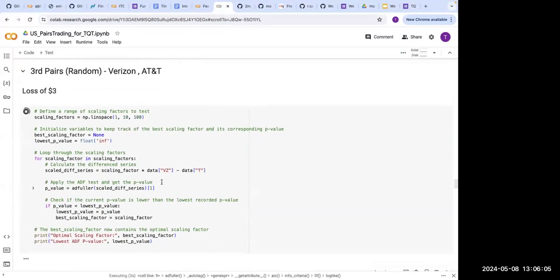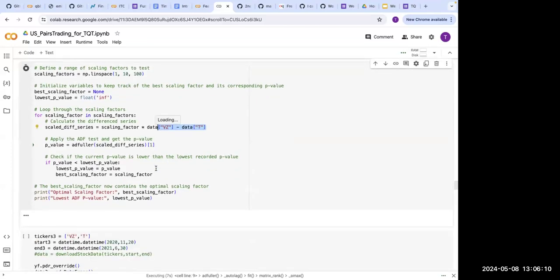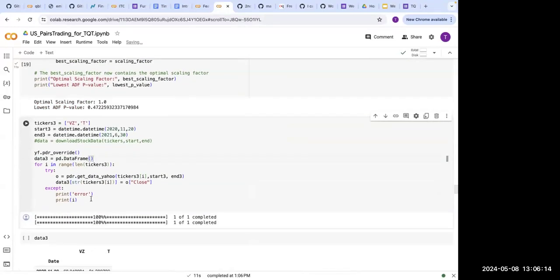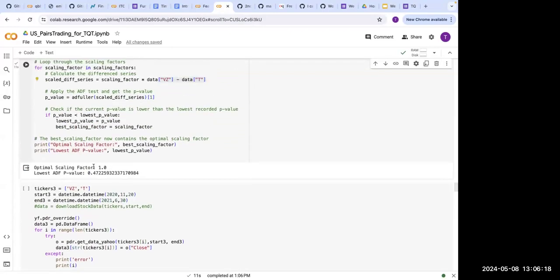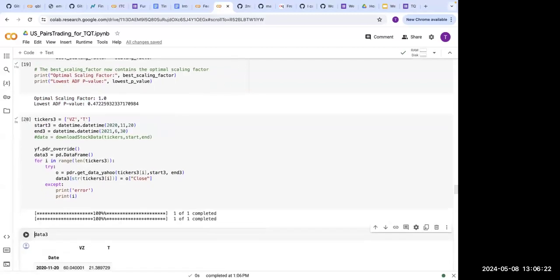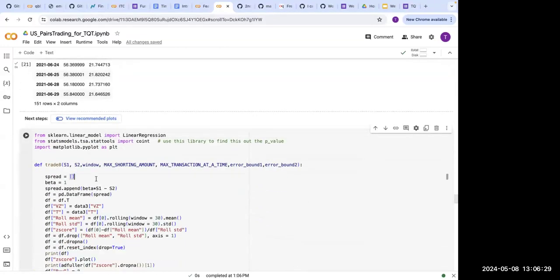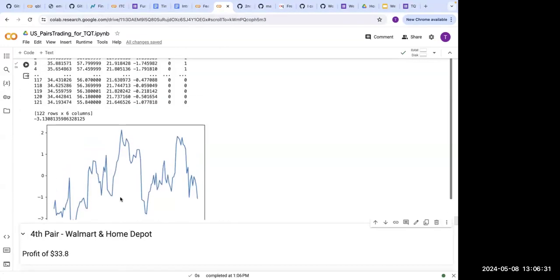Again, it's the same code, we are just changing it for the stocks, now Verizon and AT&T. We'll find the p-value and scaling factor. Scaling factor is just one here. Then you can see how your data frame looks for Verizon and AT&T, and you can see the model here.